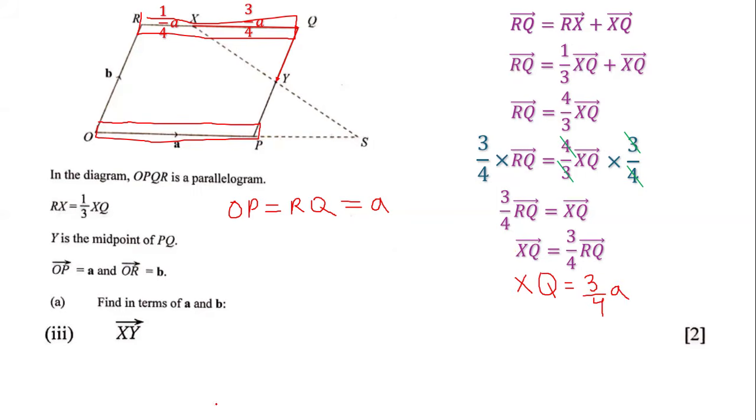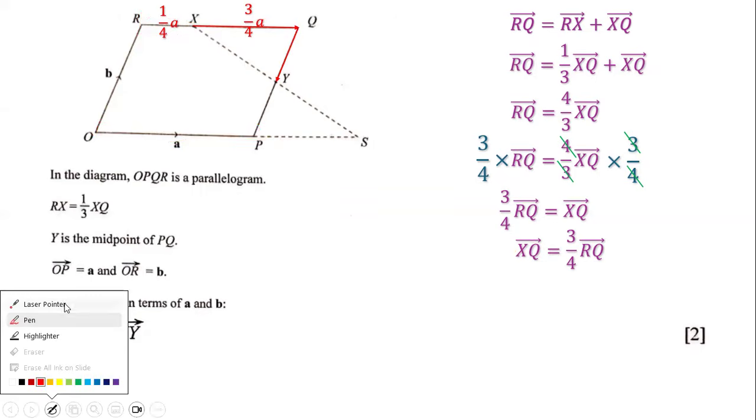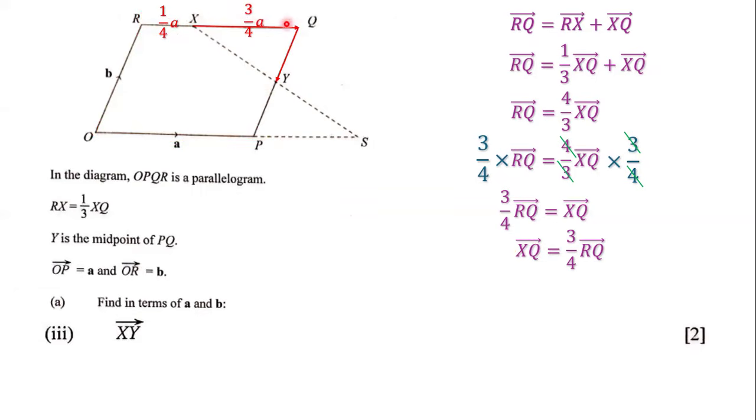Okay, and so let me erase all ink. So what do we have? We have that XQ is 3 over 4a, and if this is 3 over 4a, then RX must be 1 over 4 of a.